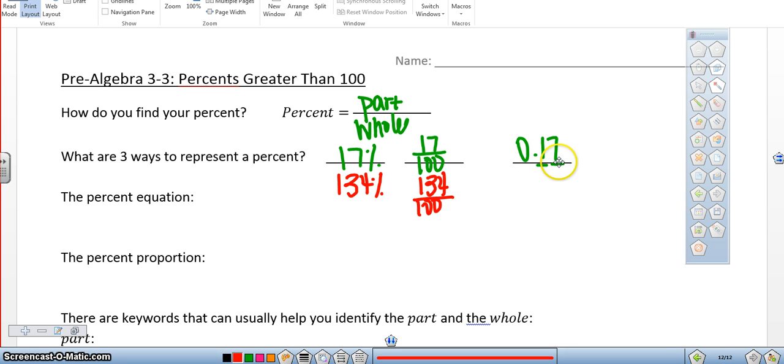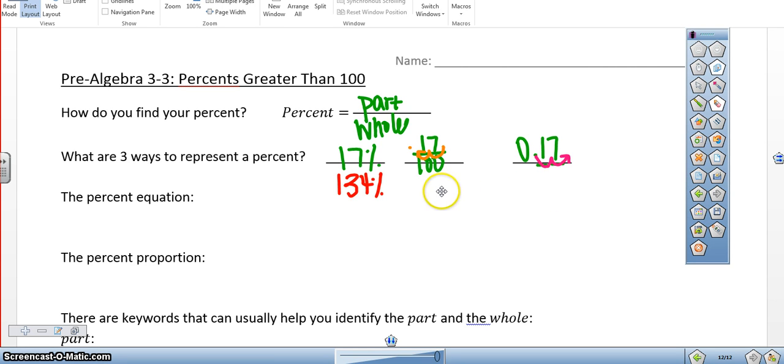And as a decimal, you always slide it twice, like 17% is 0.17. 134% would be 1.34. You can even go backwards. Moving the decimal the other way gives you 17%, 134%. This is usually something that students are pretty familiar with already, though.